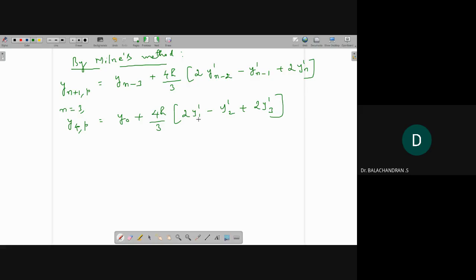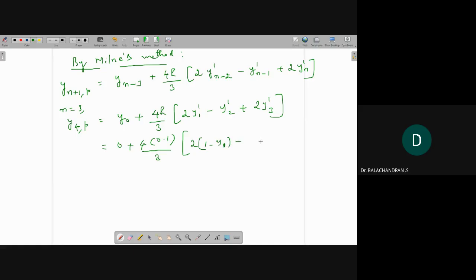If it is a bigger function, you should calculate the values of y1 dash, y2 dash, y3 dash separately, and then substitute here. But here the function f of x comma y is just 1 minus y, so there is no need, and I am going to substitute here itself. So y0 is 0, h is 0.1 by 3, into 2 into y1 dash, which is nothing but 1 minus y1.